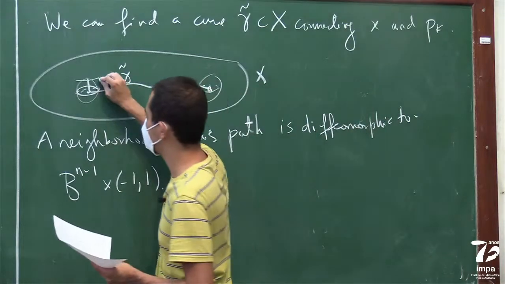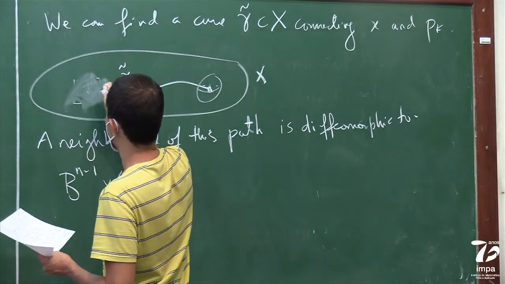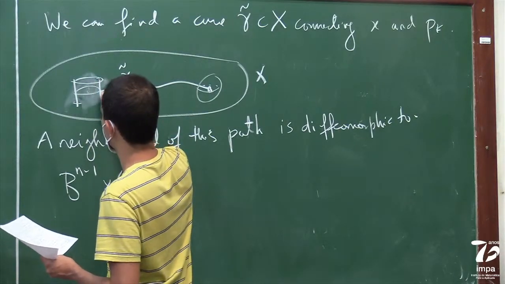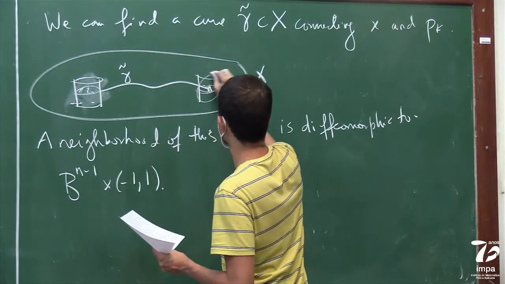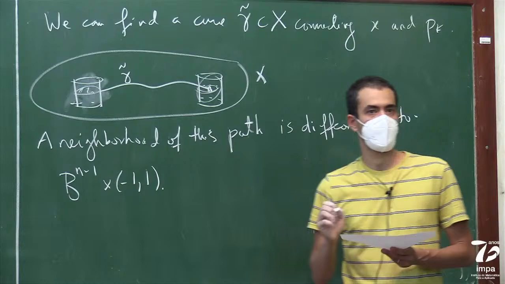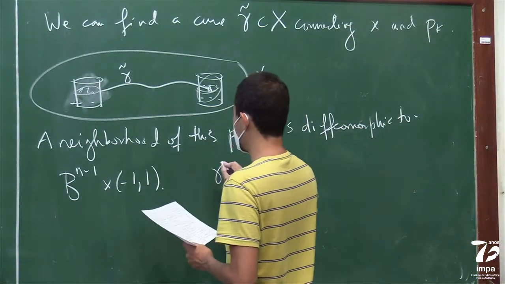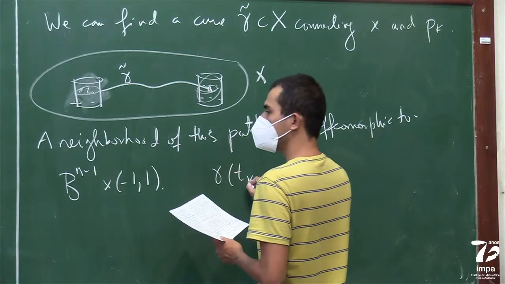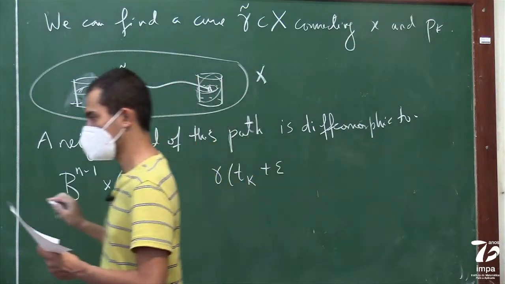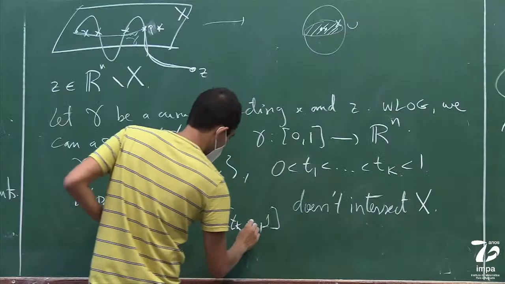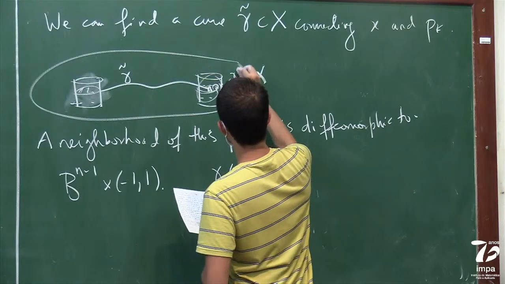Okay, maybe you can think of this like a box, or maybe a cylinder. Okay? So now what I want to see is I want to look at gamma of tk plus epsilon. Yeah, tk plus epsilon. So pk is gamma of tk.